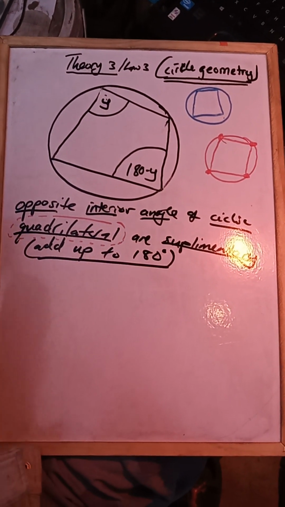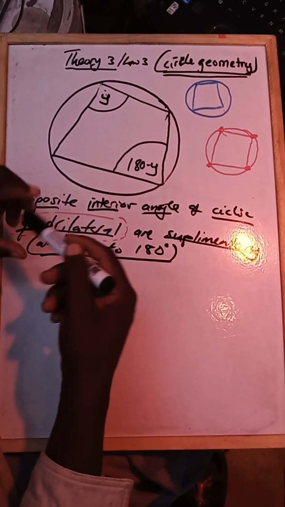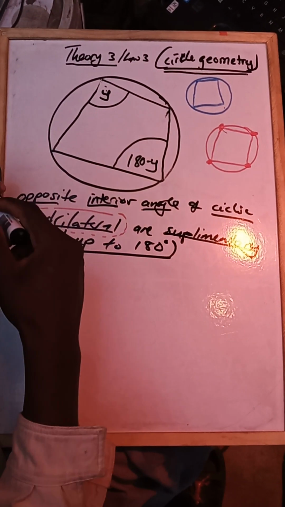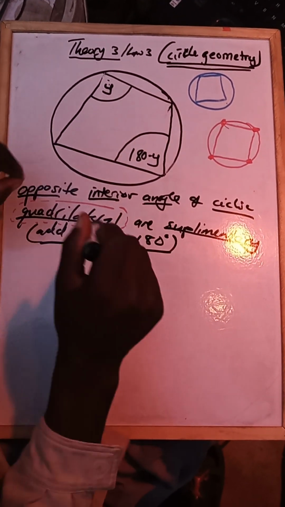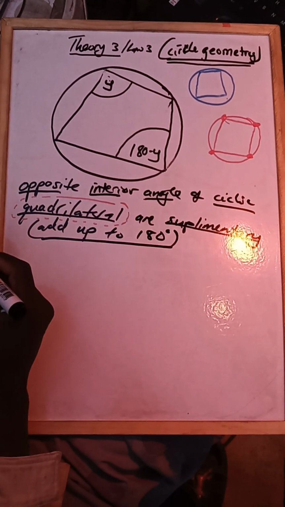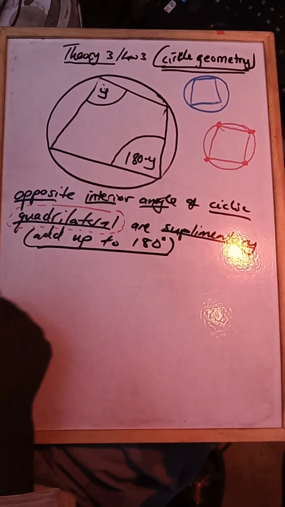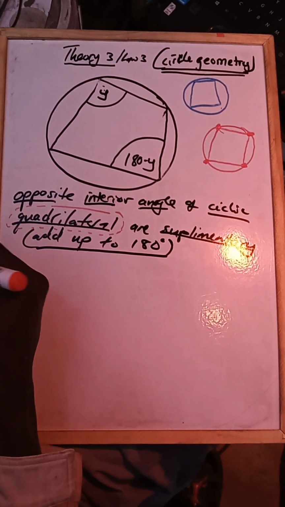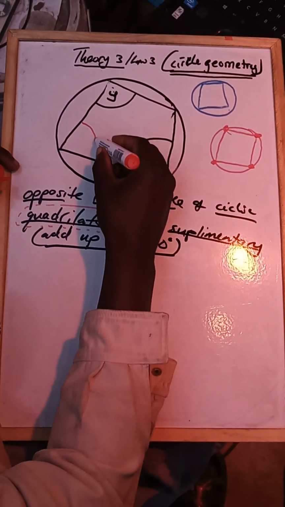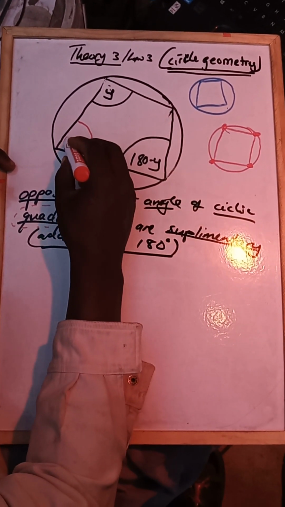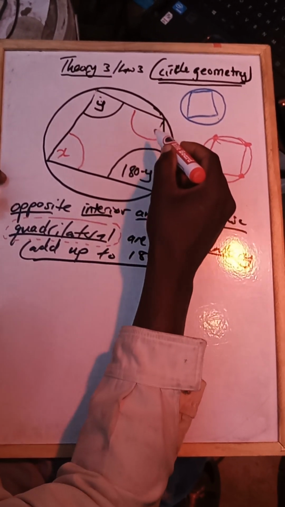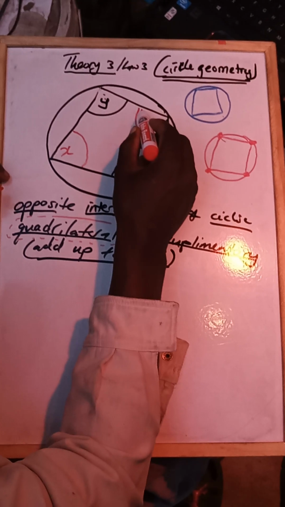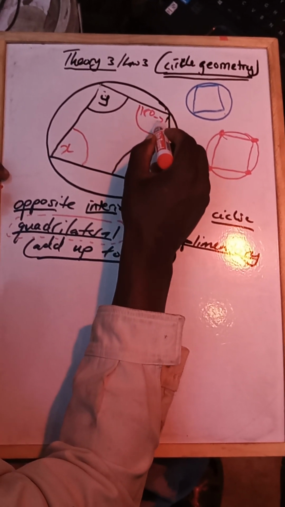We need to see all the corners of the quadrilateral touching the circle. So if this angle is x, this angle is 180 minus x.